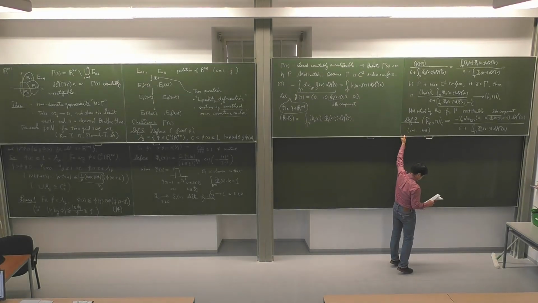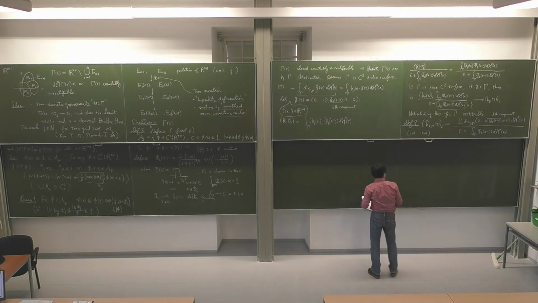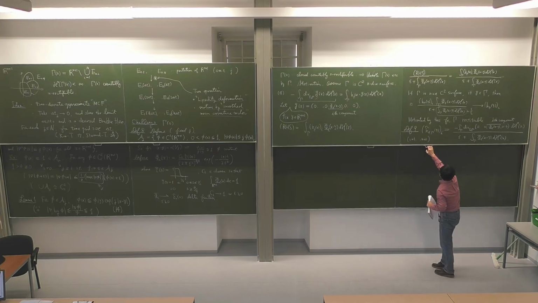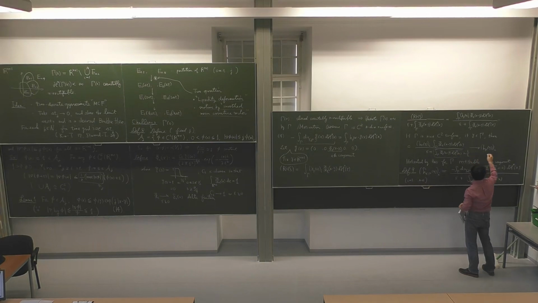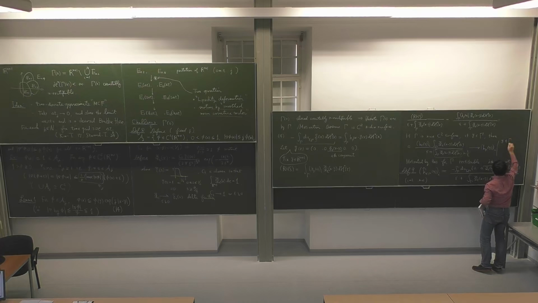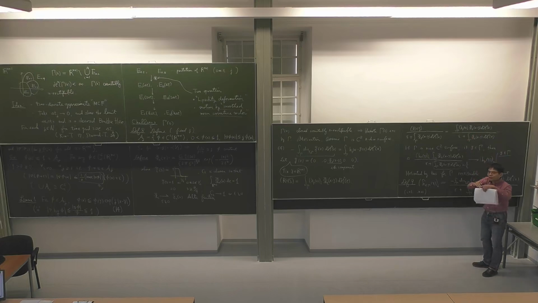By the way, if y is in gamma, it converges to the mean curvature vector, but maybe I should also mention: if y is not in gamma, if y is off the surface, then this quantity is basically a Gaussian.